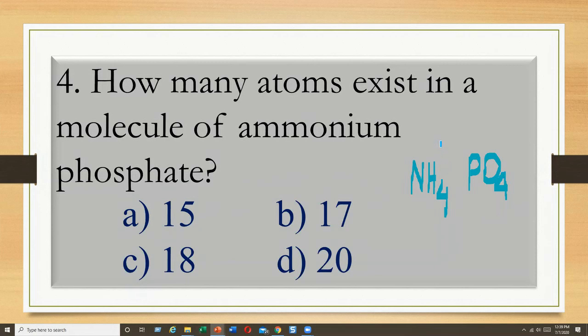So the valency of phosphate is 3, which is followed by ammonium. And the valency of ammonium is 1, which is followed by phosphate. Student: Sir, D. Okay, the right option is D.